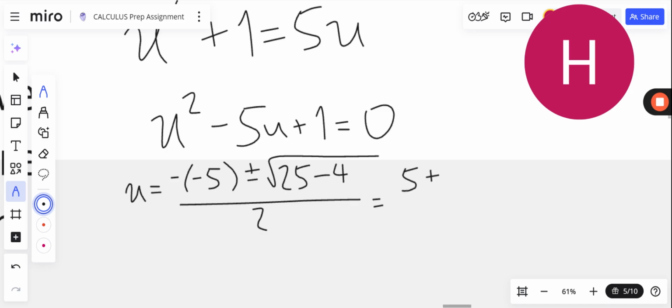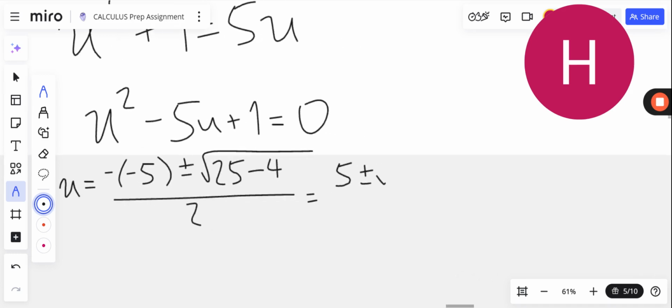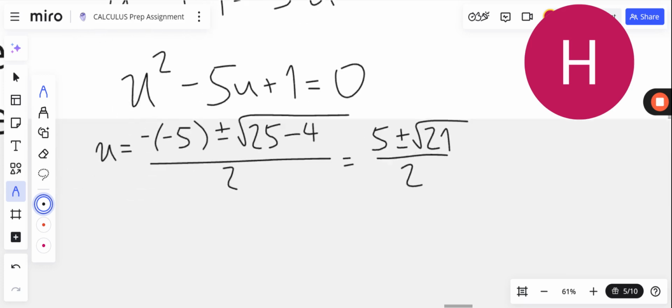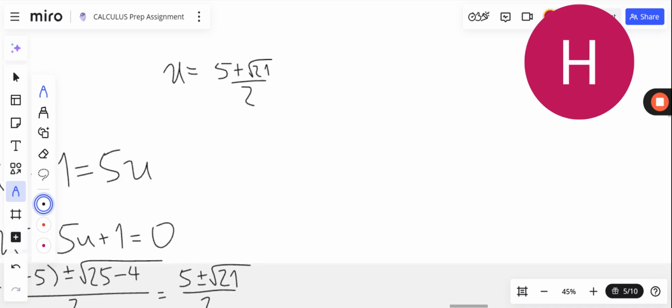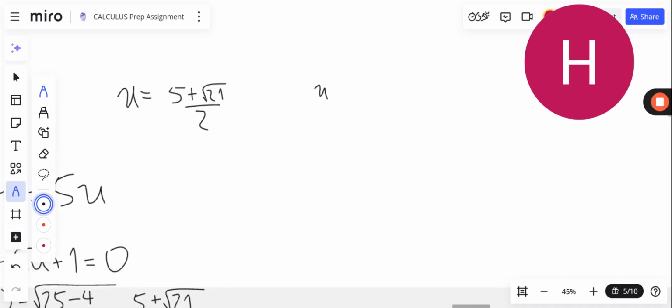And so overall, we're going to have 5 plus or minus the square root of 21 over 2. So we have two solutions for u: 5 plus square root of 21 over 2, and 5 minus the square root of 21 over 2.